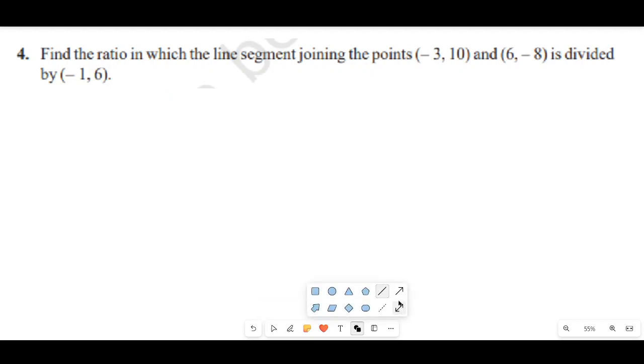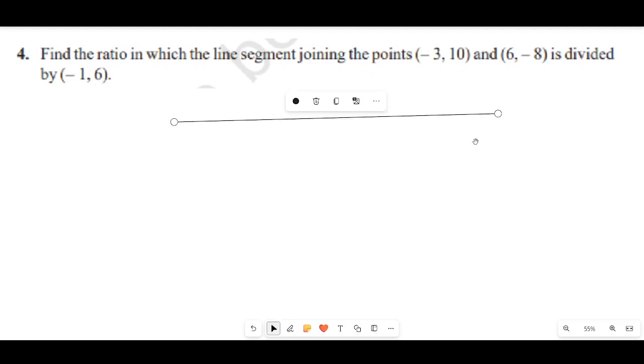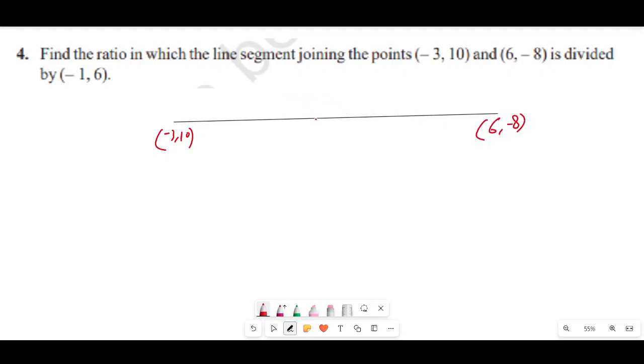Now first we should draw a line. This is a line, and the points given are: first point is (-3, 10), second point is (6, -8), and third point is (-1, 6).